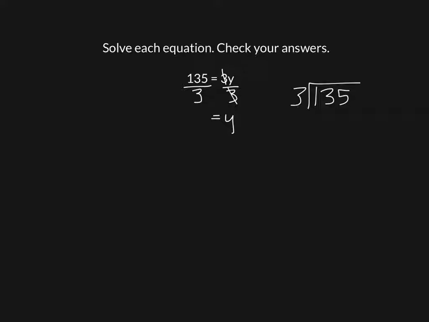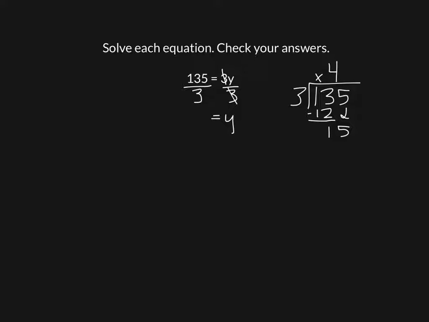135 divided by 3. 3 goes into 1, it doesn't. 3 goes into 13, 4 times, minus 12. Remember our divide, multiply, and subtract. Bring it on down and bring it on back. So I divided, I multiplied 3 times 4, and now I'm going to subtract 12, and I have 1. Now I have to bring down my 5.